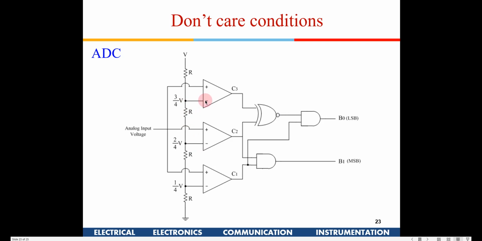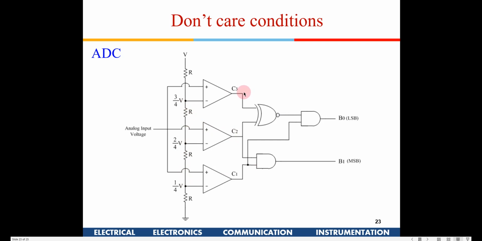If the analog signal is close to 0, all the comparators will give an output of 0 0 0. As the analog signal keeps going higher, beyond 1/4 of the voltage, this comparator will give me a 1. Again the signal goes higher, then this will give me a 1, and again as the signal goes higher, this will give 1.